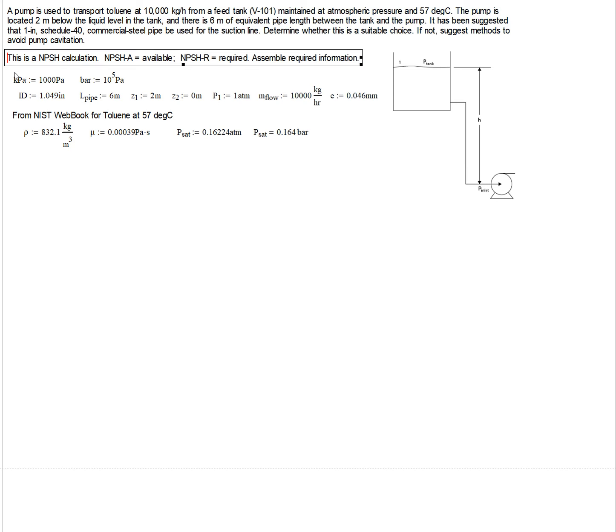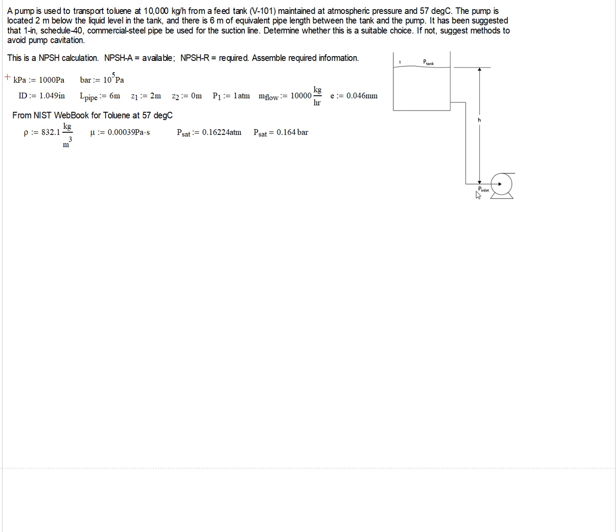What you should realize is that this is a net positive suction head problem, and so what you're going to have to do is figure out whether or not the pressure at the pump inlet is greater than or less than the saturation pressure, or the vapor pressure, of the toluene.